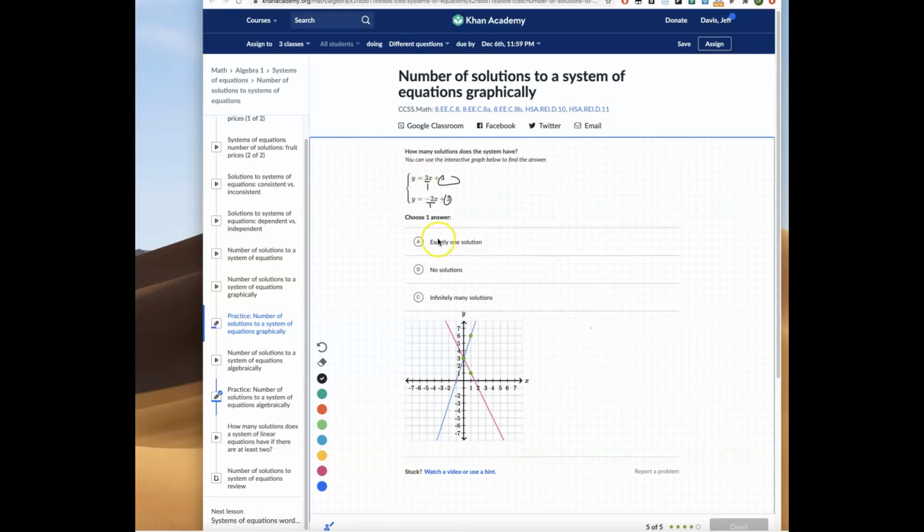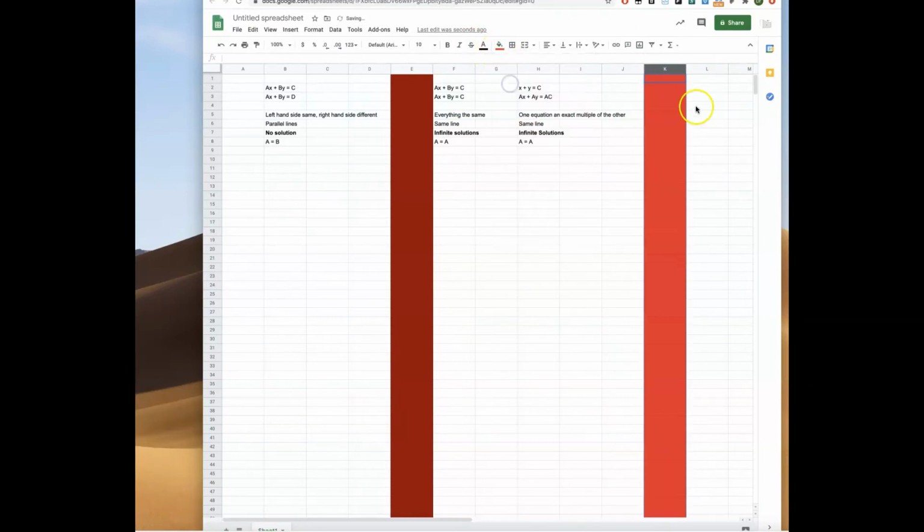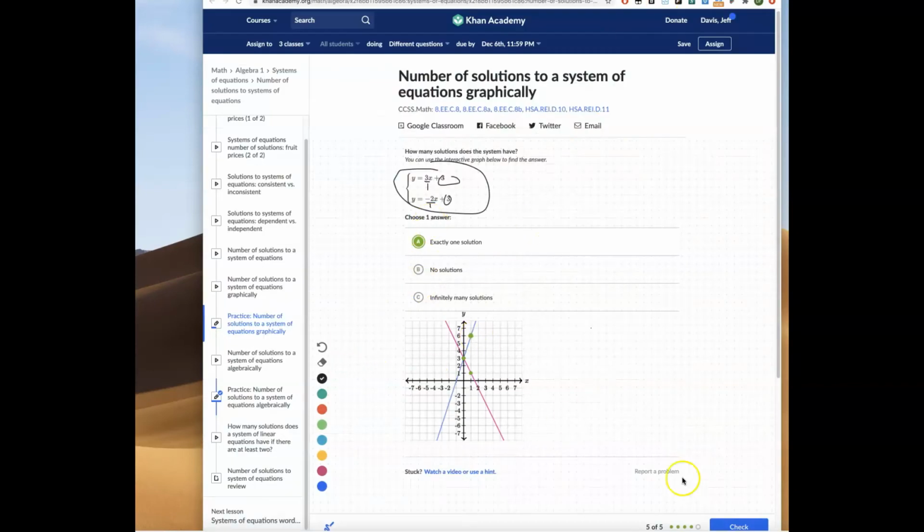And you can tell those are going to have exactly one solution. So you can kind of get there quicker. If the slopes are different, that's one solution. So that'd be like two lines that cross. That's what we had here.